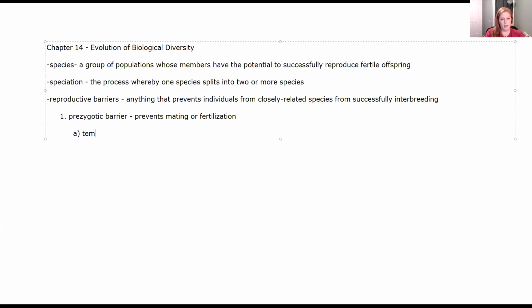So one type, I'm going to go through it pretty quick, is temporal isolation. Temporal isolation is really referring to mating season. So it's time. They're isolated by time, in this case, when they each mate.